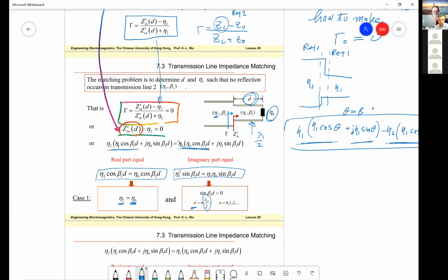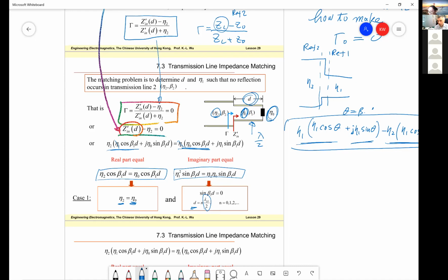However, this holds regardless of the characteristic impedance of the inserted transmission line, as long as it is half a wavelength long. But if I can do eta 2 equal to eta 0, why insert a line?